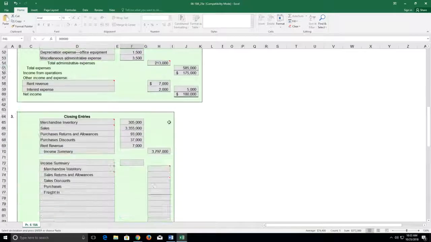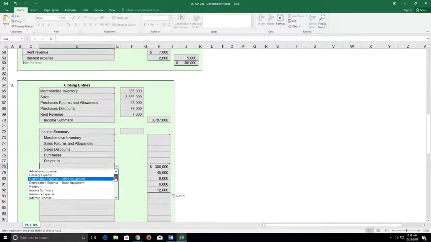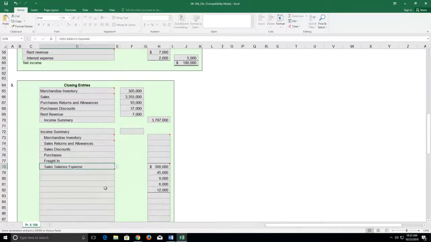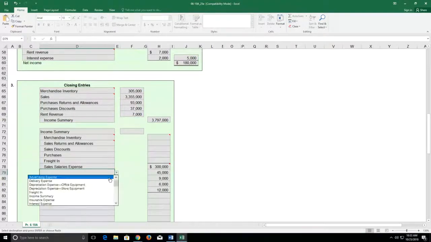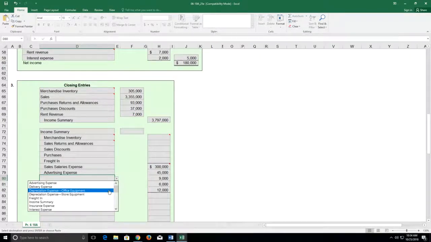Which is going to be our sales salary. So we got our sales salary, and then we're going to have our advertising, and then we have our depreciation of store equipment.